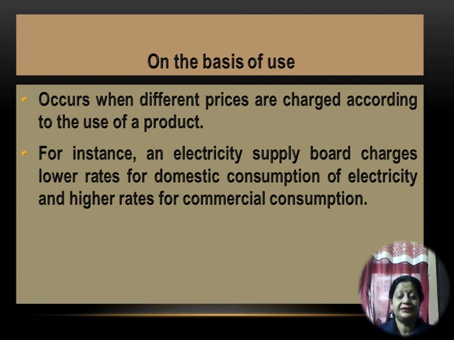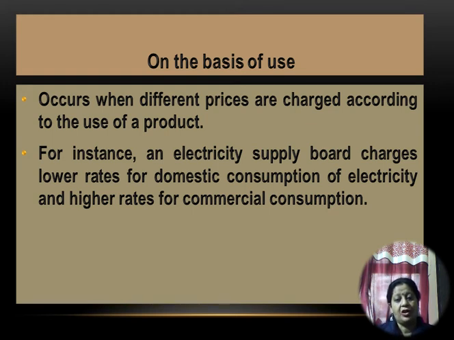On the basis of use occurs when different prices are charged according to the use of a product. For instance, an electricity supply board charges lower rates for domestic consumption of electricity and higher rates for commercial consumption. Yes, the electricity bill can be the best example.